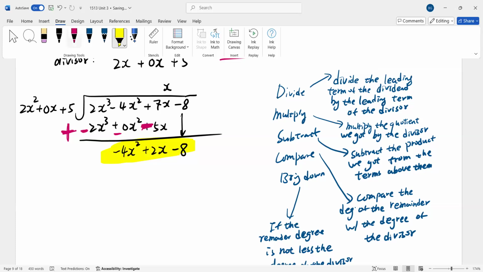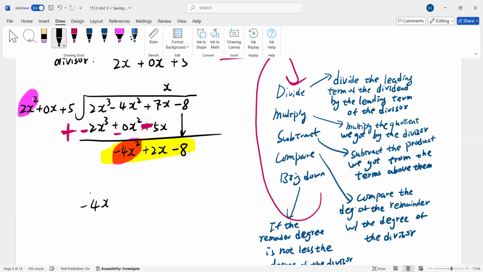We're gonna start the second round. The second round, the dividend is 94x squared plus 2x minus 8, the one I'm highlighting in yellow. And we start the second round: divide, multiply, subtract, compare, bring down. All right, so divide what by what? Divide the leading term in the new dividend by the leading term in the divisor.